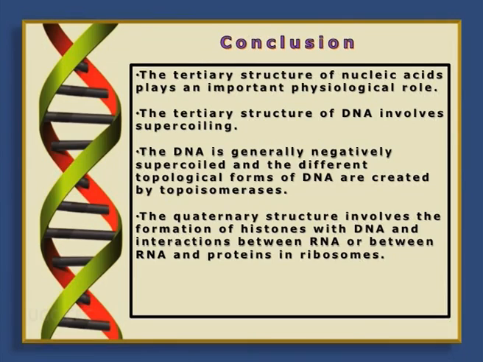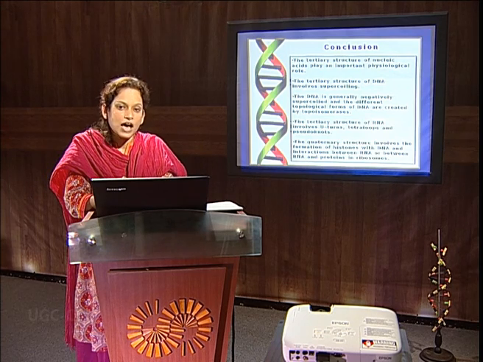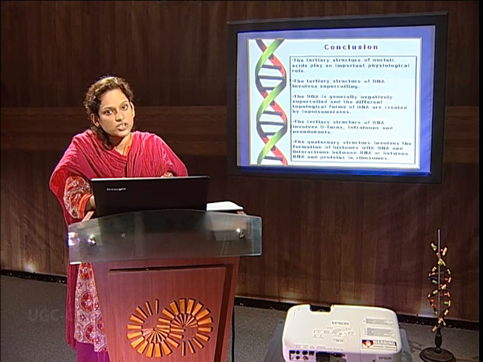The quaternary structure of DNA represents the chromatin and how it folds to form the chromosome. Then we have RNA. The important structural or tertiary motifs of RNA are pseudoknots, U-turns, GNRA tetraloops and so on. All of these sequences are stabilized by means of hydrogen bonds.